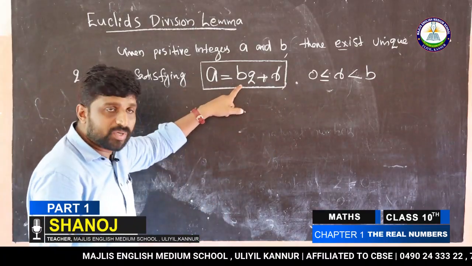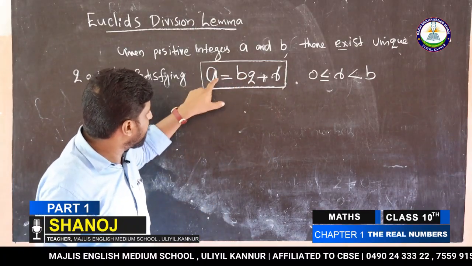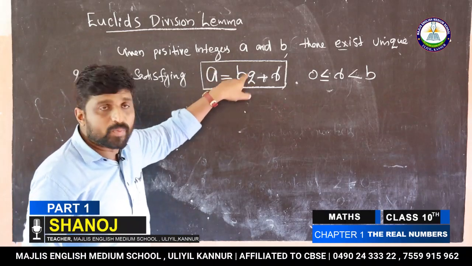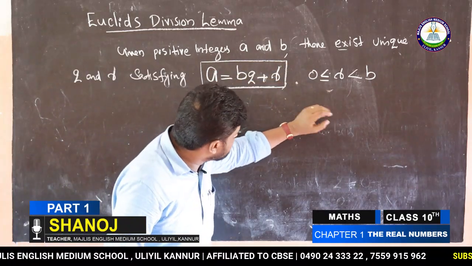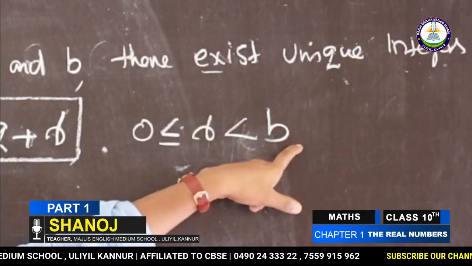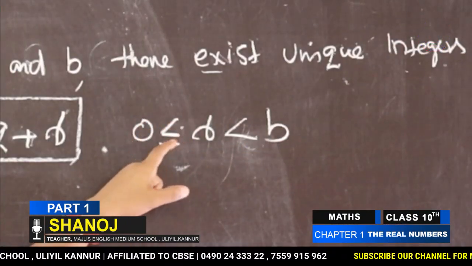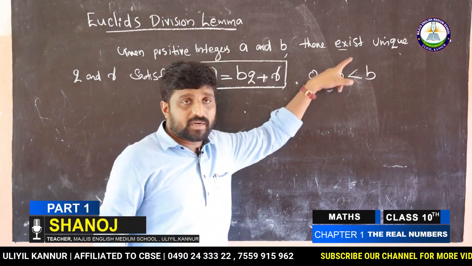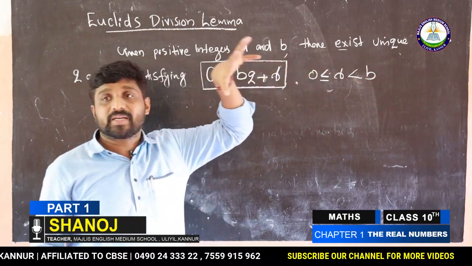Here a and b are two integers, then a can be expressed as bq plus r. One more condition is there: the remainder is always less than b, that is 0 less than or equal to r less than b. We need to satisfy that condition.